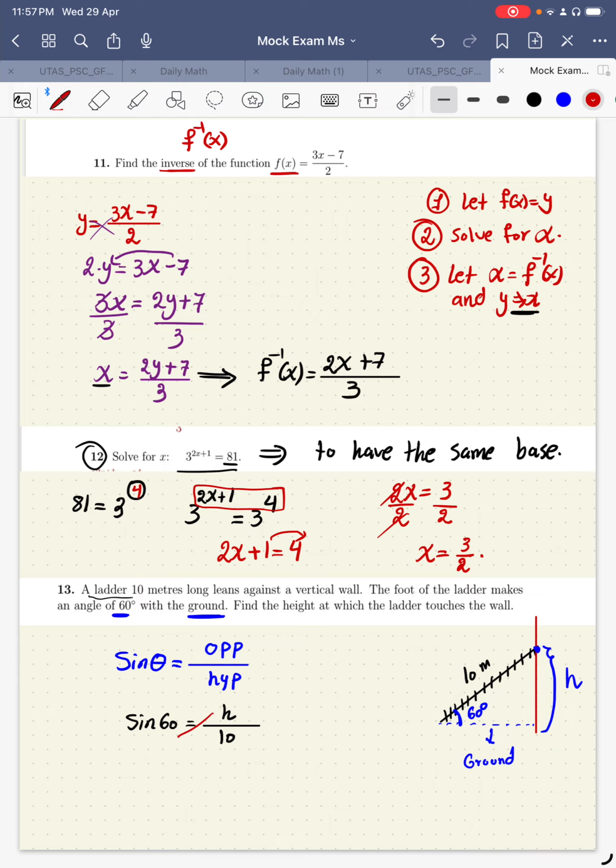So h times 1 is just h equal 10 times sine of 60 degree. I just need to use the calculator to find the answer here, which is gonna be 5 square root of 3, and I shouldn't forget the unit. How I'm gonna find the unit here? Meters. So it would be in meters.